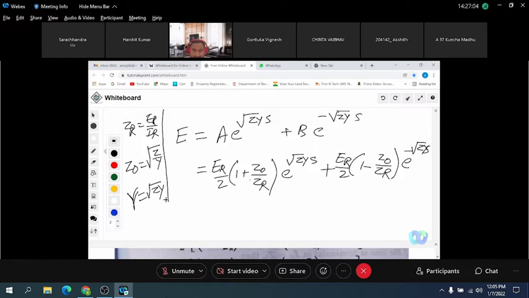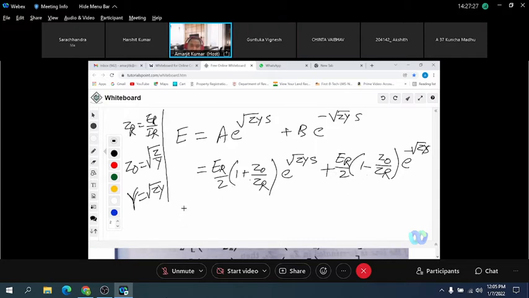Okay, similarly, can you simplify this one? ER by 2 we can take as common. Then what will happen? A little bit of simplification you can do here.